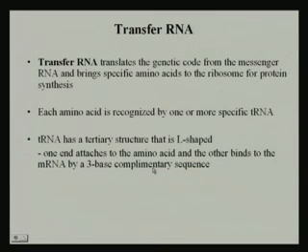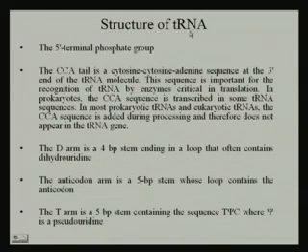complementary sequence. If we see the structure of tRNA, it has a 5' terminal phosphate group. This particular tRNA has a CCA tail, that is cytosine, cytosine, adenine sequence at the 3' end of the tRNA molecule.